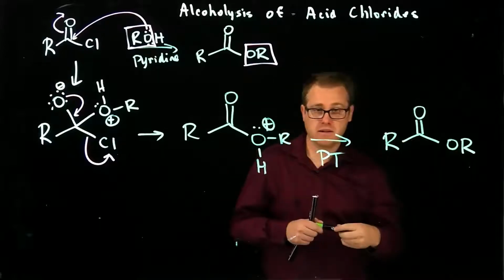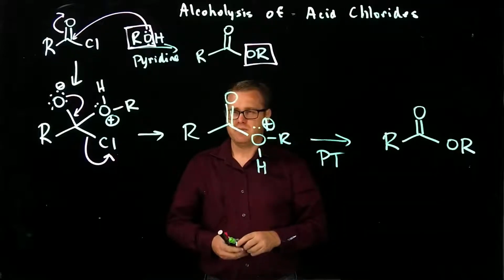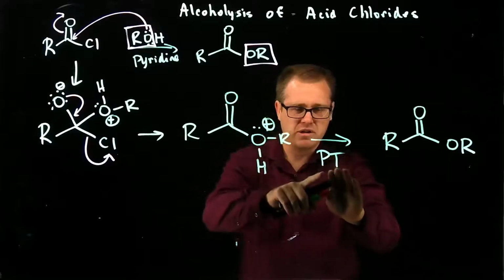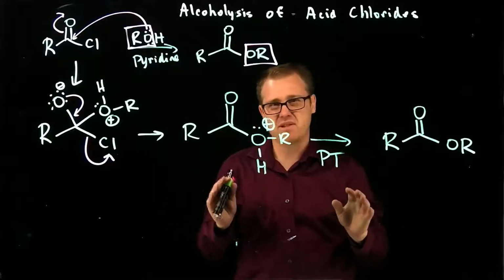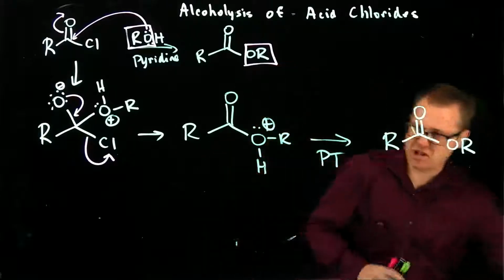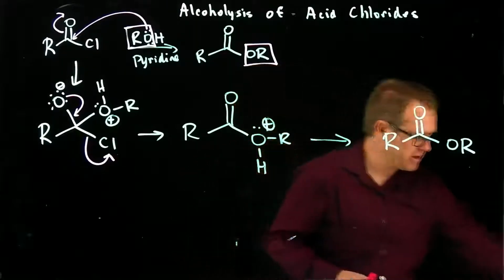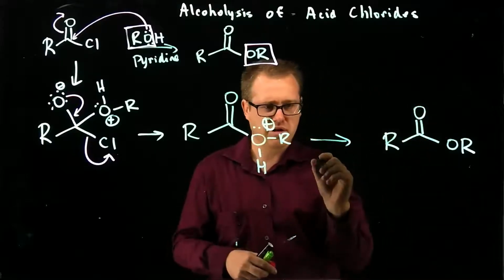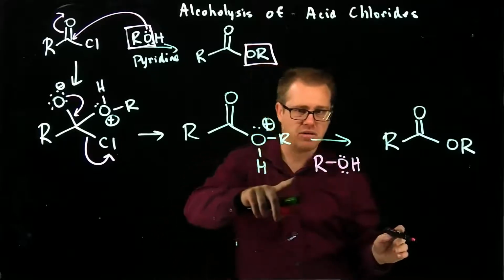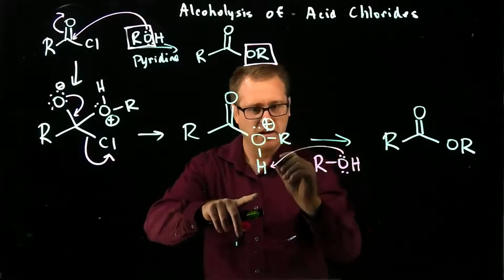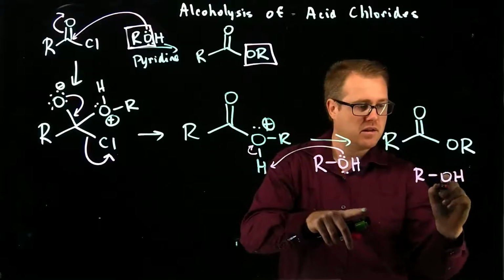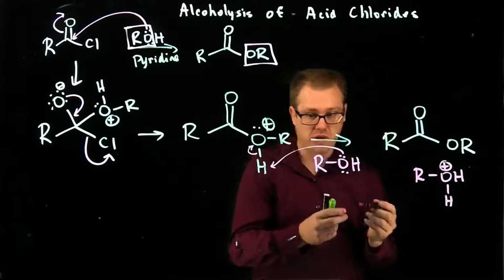Now this is where there's a confusion, controversy, I don't know how to really say it, but it's a proton transfer step. So proton transfer steps aren't that critical. And what I mean by that is I'm going to show you all the possibilities here for this proton transfer step. We could have a proton transfer step where I take the alcohol, because we're going to have excess of that alcohol around, and that alcohol could come in and do the proton transfer step, which would give us an acidic molecule.